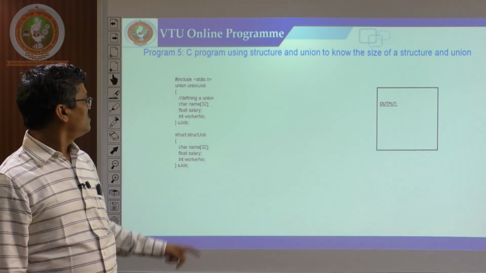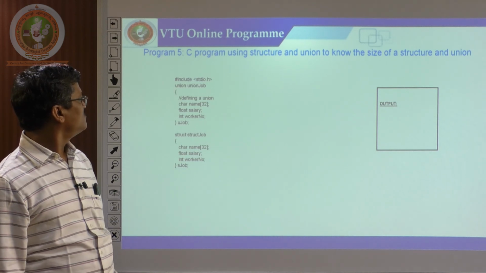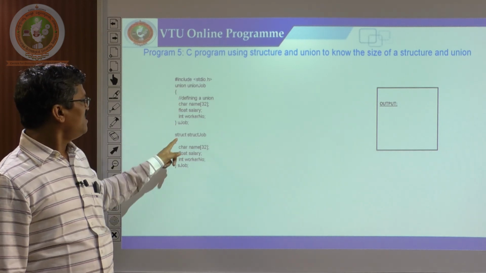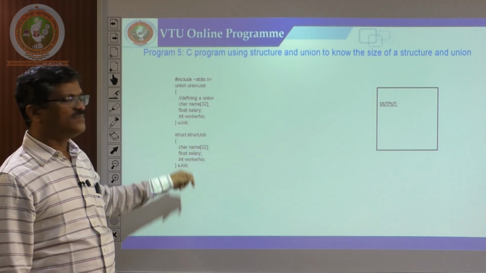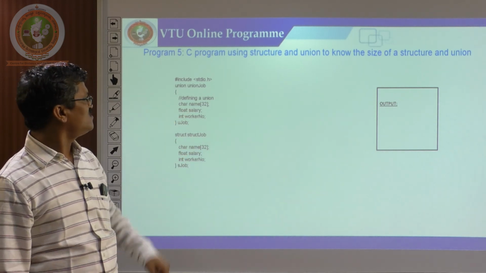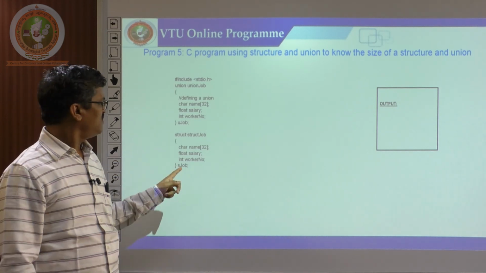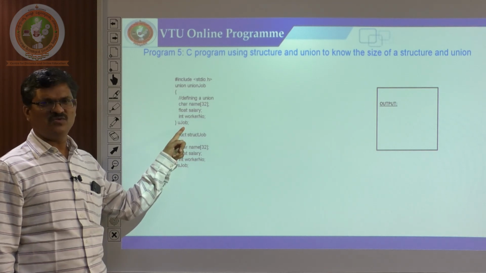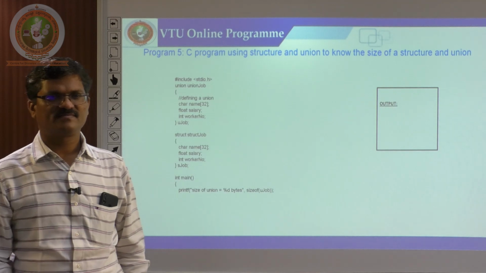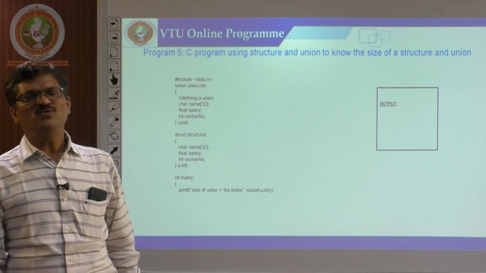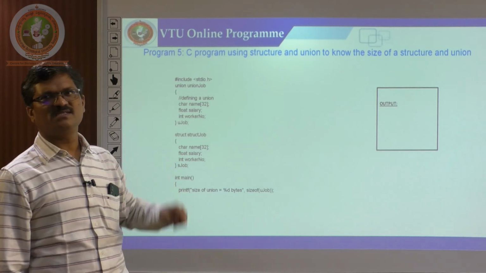Then another structure, this is a union and this is a structure called struct job, holding the same members, name, salary, worker number, and I define a variable s_job. u_job is union job, s_job is structure job. Now, I would like to see what would be the size of this structure and what will be the size of this union.